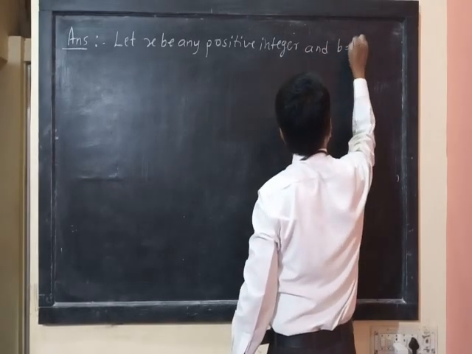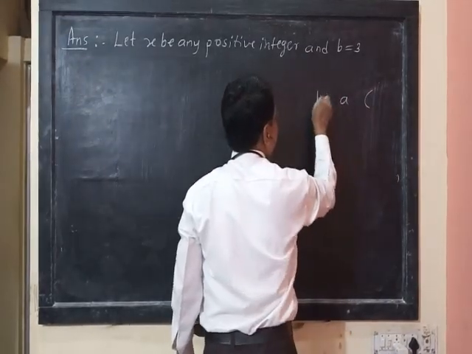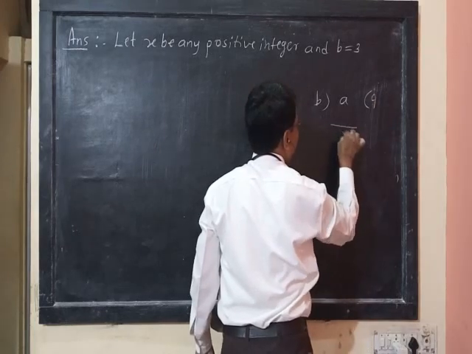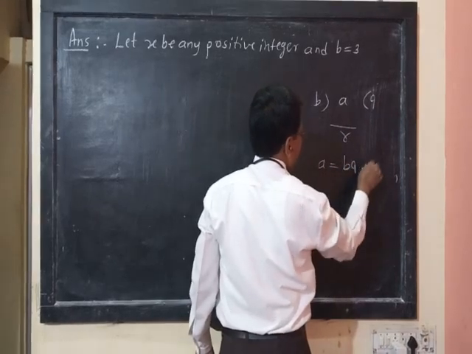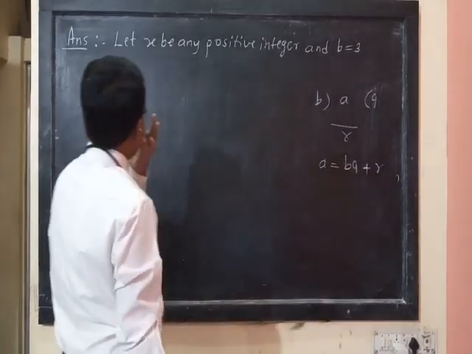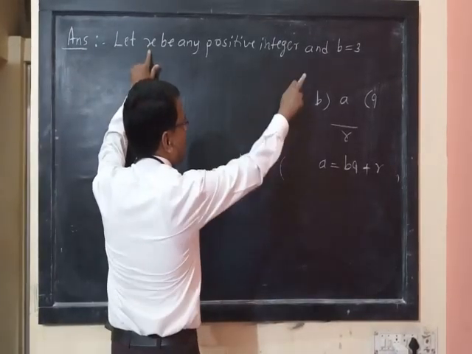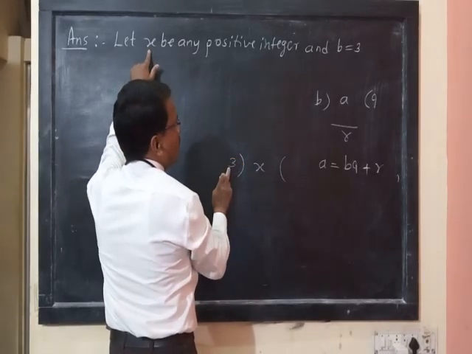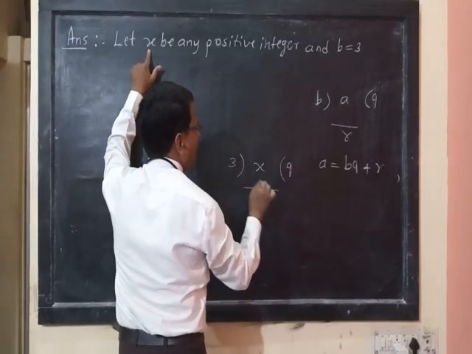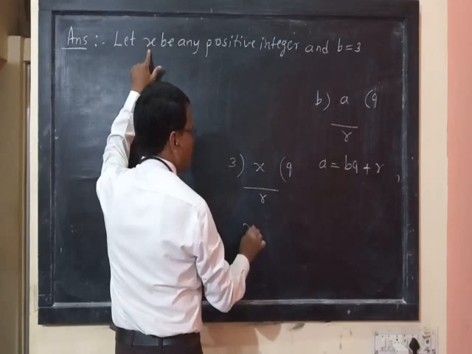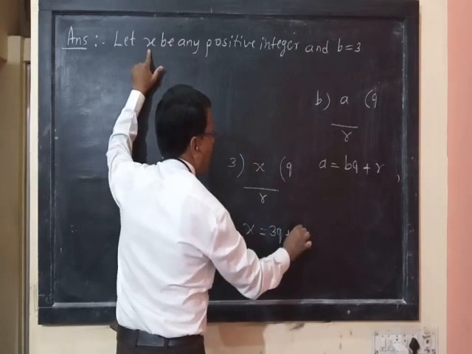b equal to 3. We know when an integer a is divided by b, we get the quotient q and the remainder r. Then we can write a equal to b into q plus r. This is Euclid's division lemma. Here in our case, x is a positive integer, and if this is divided by b which is 3, with quotient q and remainder r, then we can write x equal to 3 into q plus r.